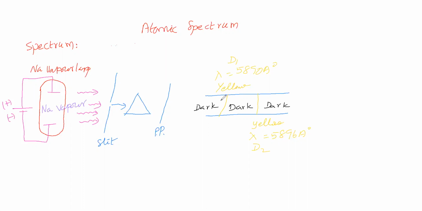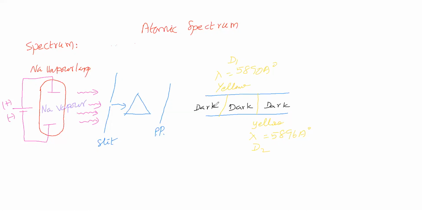Shall we say sodium vapor gives this spectrum, because this lamp is containing sodium vapor? On passing electricity, the sodium vapor emits radiation. Due to this radiation, we got this spectrum.